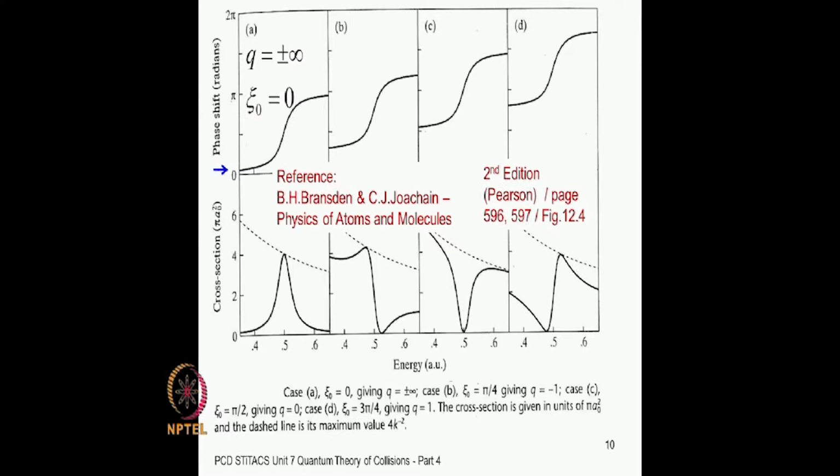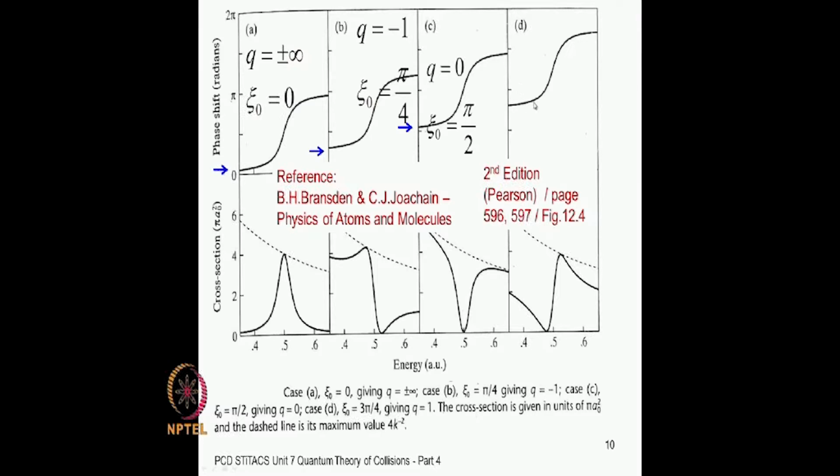It's very straightforward. Then here the background phase shift is higher than over here. So it is about halfway between 0 and pi by 2. This is pi by 4 in panel B. In panel C, the background phase shift is pi by 2.